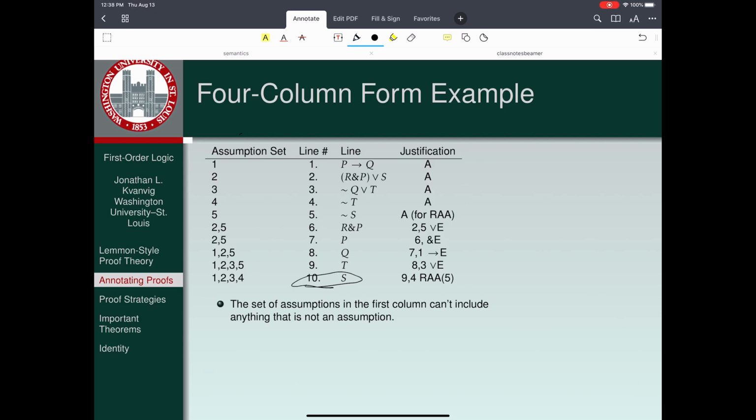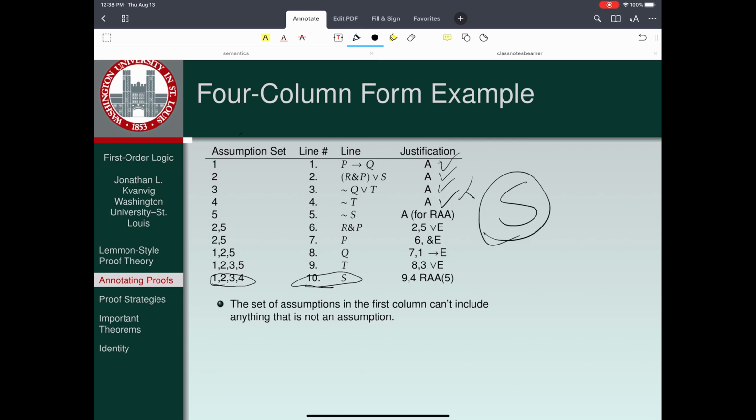In this example, we're assuming that you were given 4 premises, which are lines 1, 2, 3, and 4, and that you were told to derive S from these 4 premises. That's what we do at line 10. So to tell whether or not we actually have a proof of the problem we were given, we look at line 10.